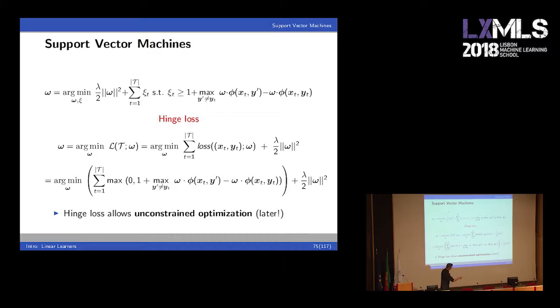And then, on the other hand, we have this regularization. So this is an unconstrained optimization problem that we can take the derivative of and do stochastic gradient descent. And I will show you later that if you do stochastic gradient descent for this objective, it's very similar to doing stochastic gradient descent for the perceptron algorithm.